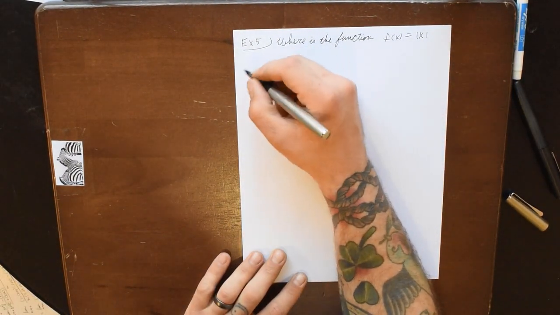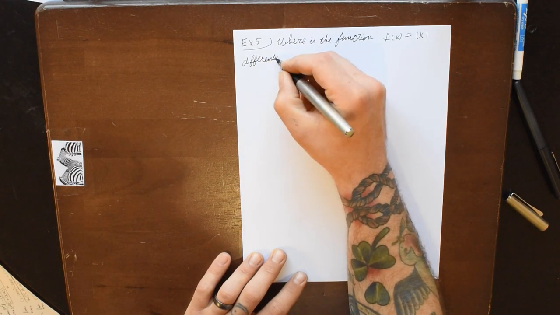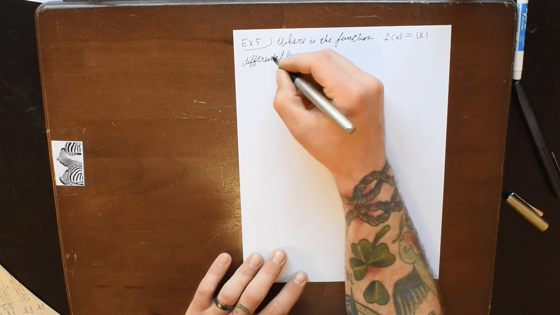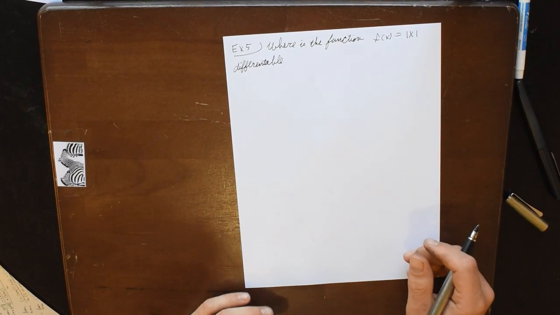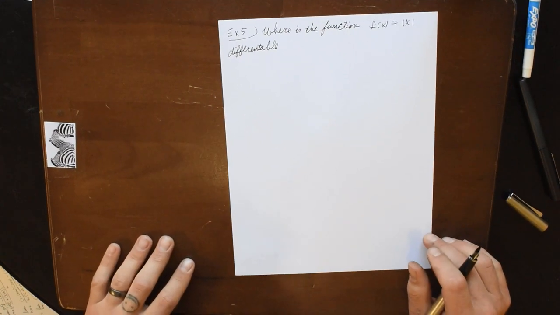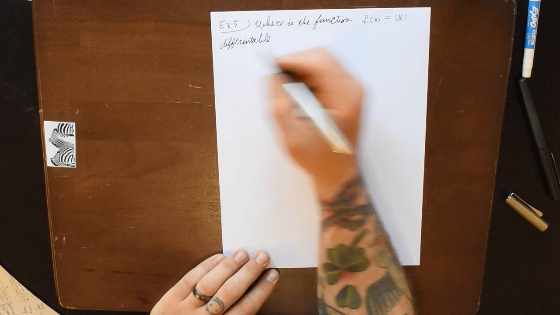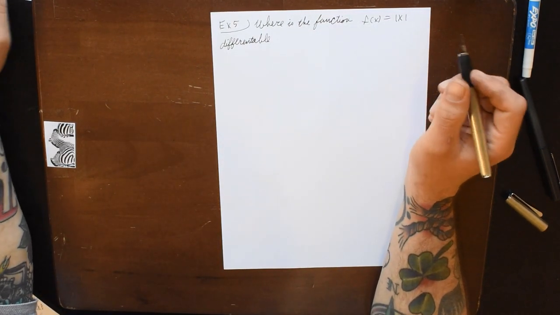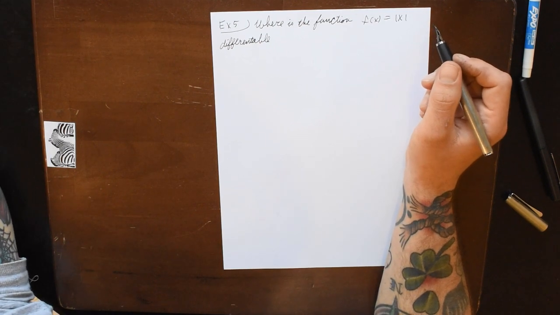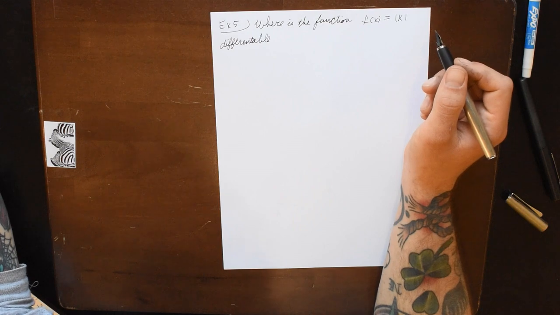Yeah, differentiable. So the absolute value of x, we're going to do this in some cases. So our first case is we're going to explore, so I'll back up, wherever it is differentiable, a number f is differentiable at a if f prime exists, okay?